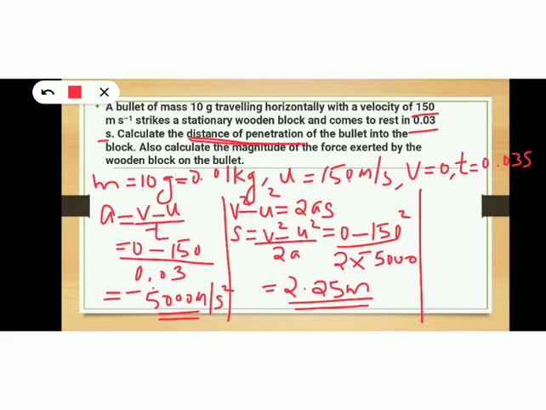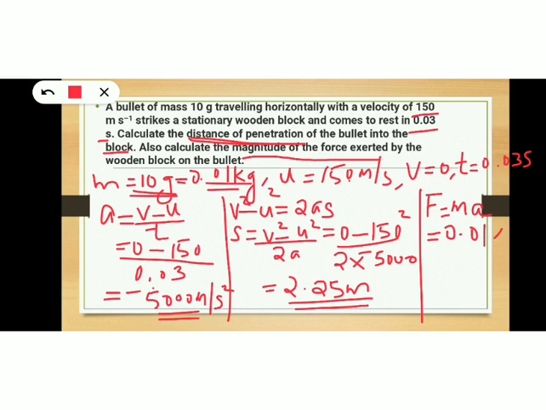We have calculated the distance of penetration of the bullet into the block. Next, you must find out one more thing, that is the magnitude of force. So the force equation is F is equal to ma. Then mass is given, mass is 10 gram, that is 0.01 kilogram.